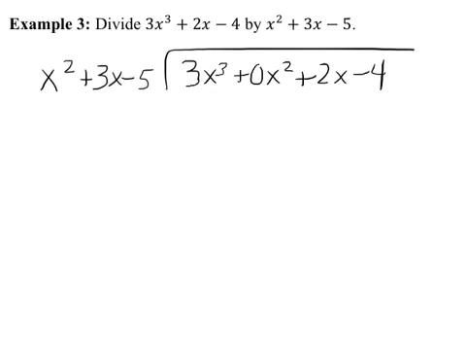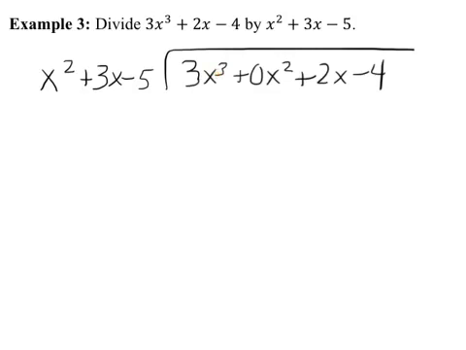Now, the 0x squared needs to be there because we have a placeholder for it, and it's going to come out and play now. If you don't do it, there are ways to get it correct, but there is a lot of room for error. Now, let's start by saying to ourselves, what can go at this spot so when multiplied by this, it gives you the same thing?